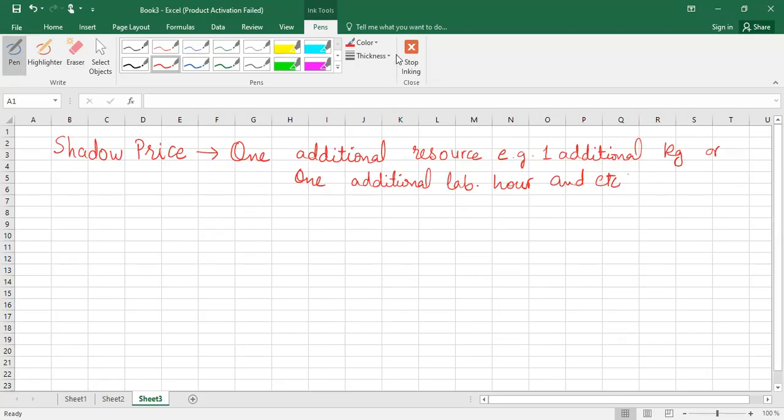Now what will we do? We will calculate the maximum price which a company is willing to pay for one additional resource.